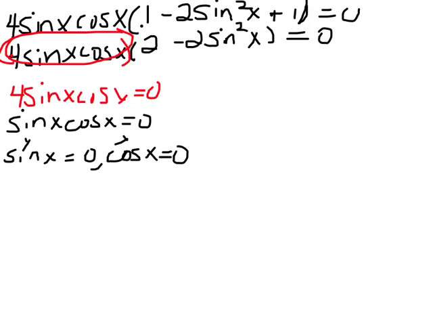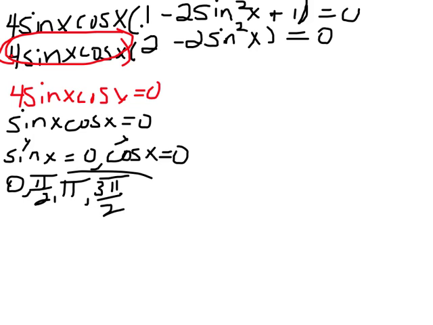They want it in one interval, so we don't have to worry about going on forever and ever. So we know it's going to be 0, pi halves, pi, and 3 pi over 2. They usually put the close parenthesis on the 2 pi so that you don't count 2 pi. It's just a random decision, but that's what they do.